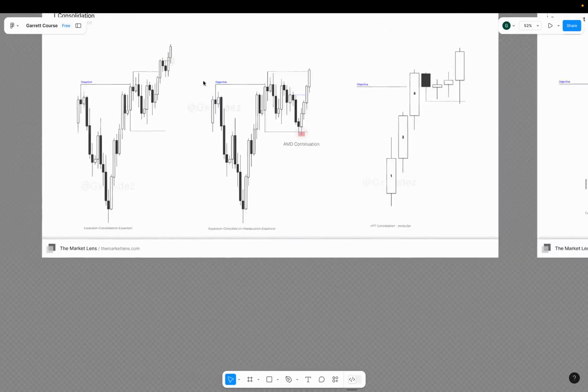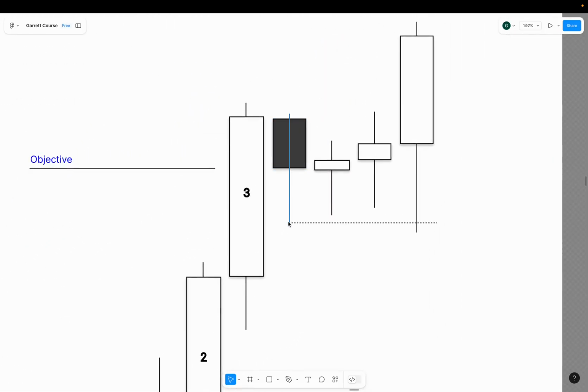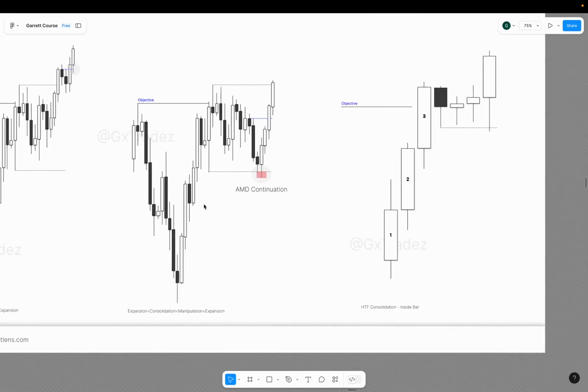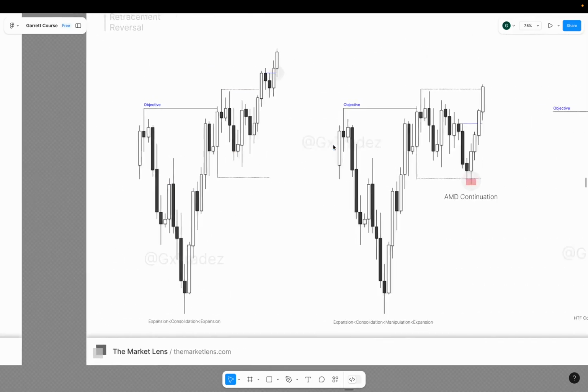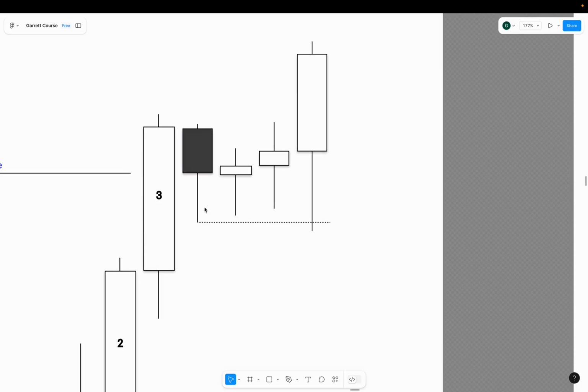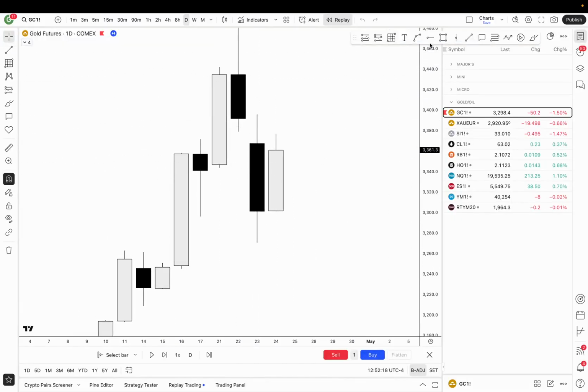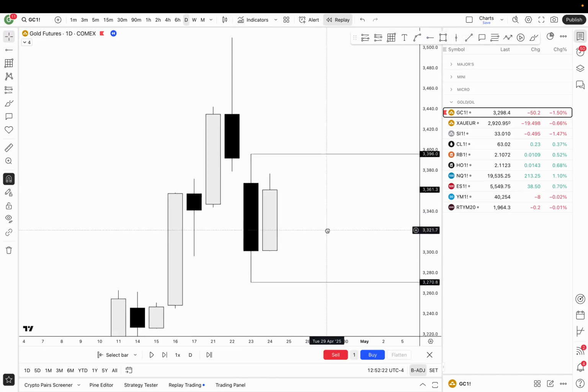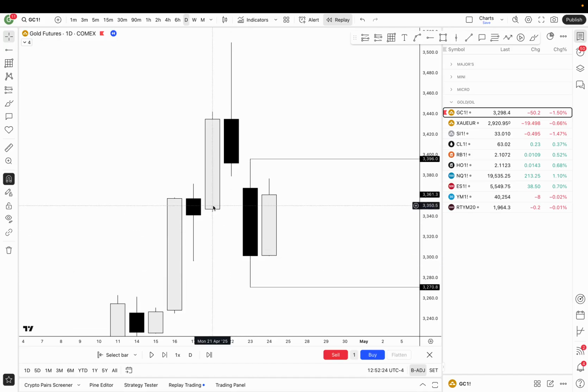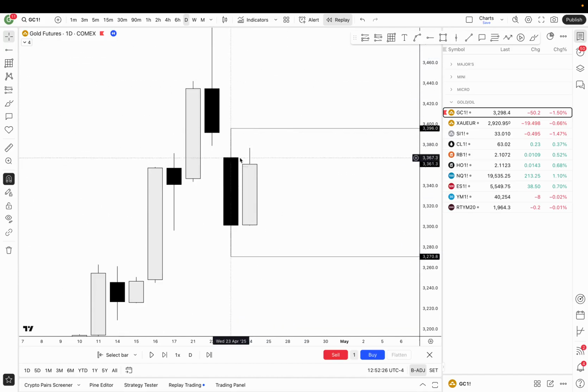On the higher time frame, the signature for a consolidation is when price stays inside of an actual high and low on the daily chart, but also when price just inside bars within the previous day. That's what you see here, and that can be on any time frame, by the way. But as you see, price has this consolidation high, consolidation low, and that's after expansion, after the weekly open high first. So this all points to bearishness.